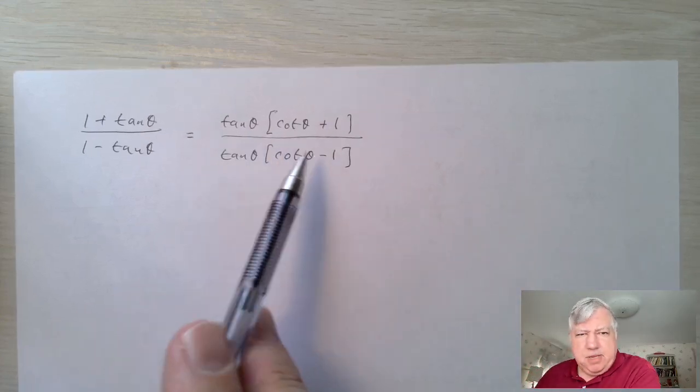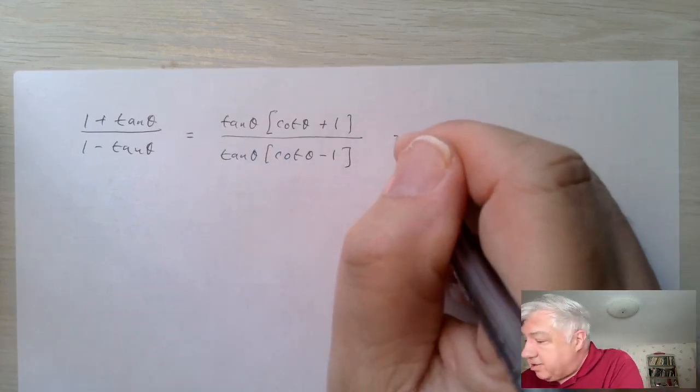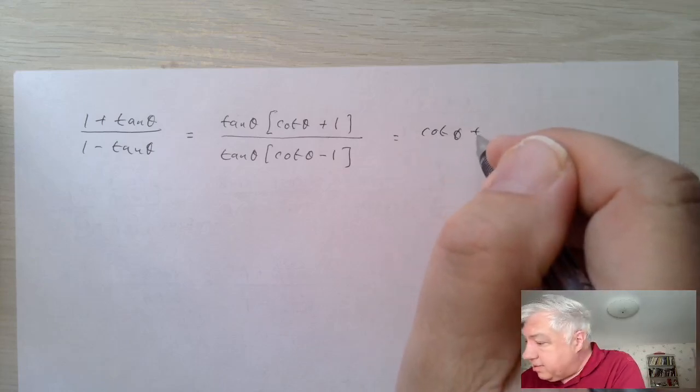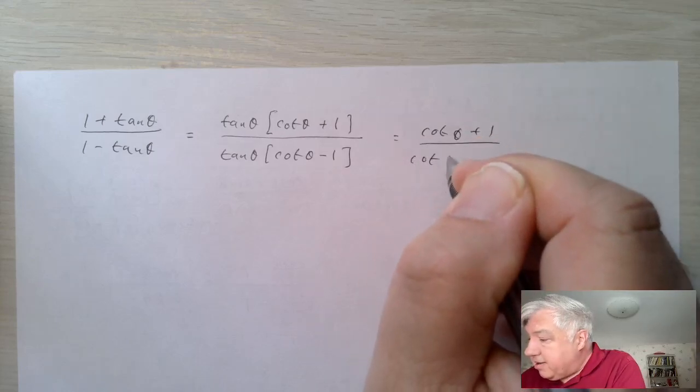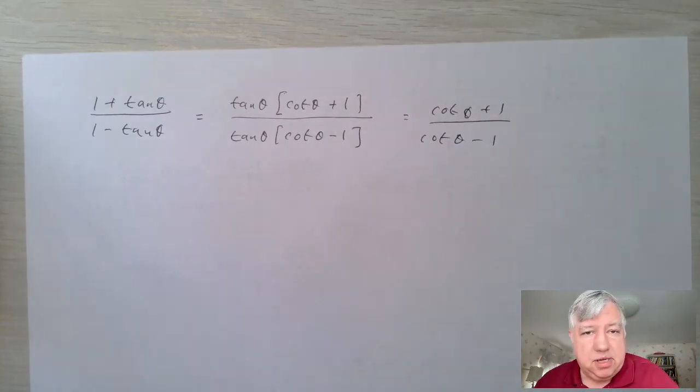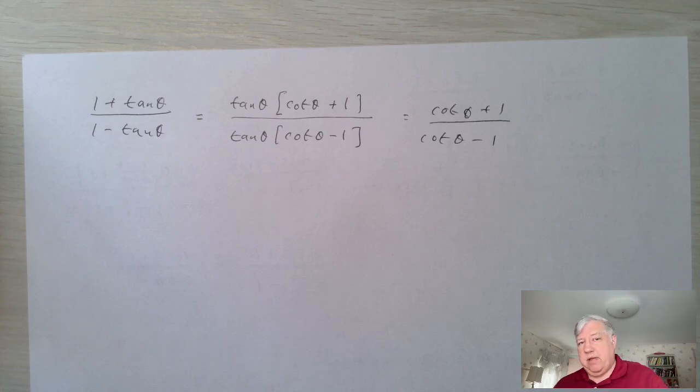Then you can see the tangents cancel and you just get cotangent of theta plus 1 over cotangent of theta minus 1. So maybe this might be a little bit easier, but you have to be a little slick about that.